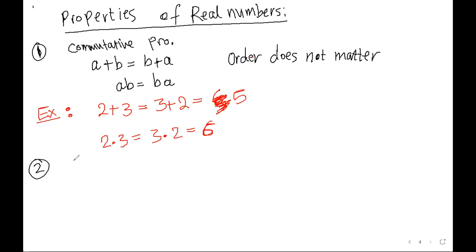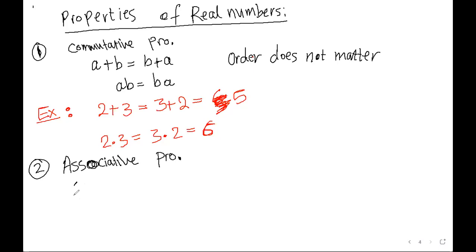The second one is called the associative property. What does that mean?